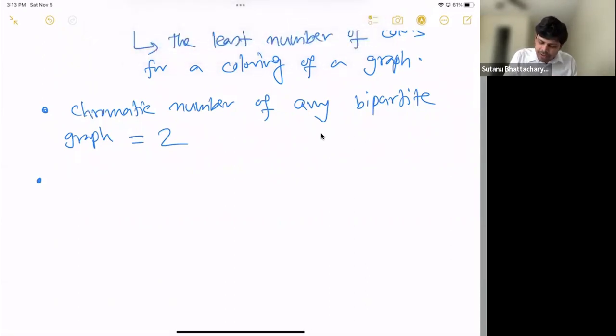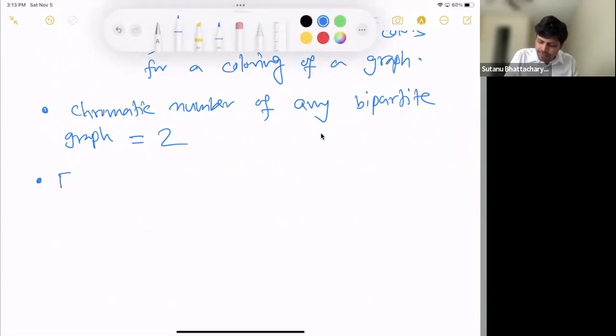So one theorem is the four-color theorem.